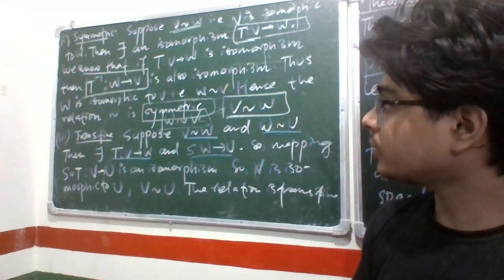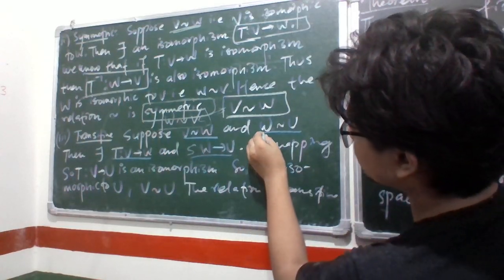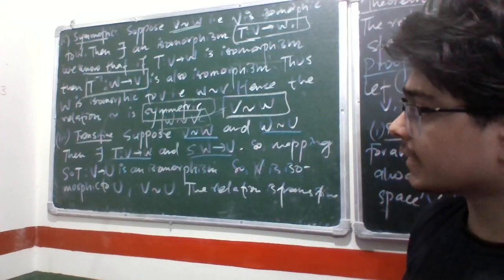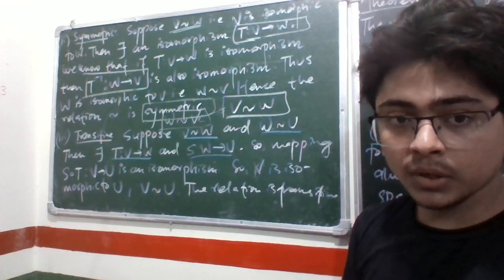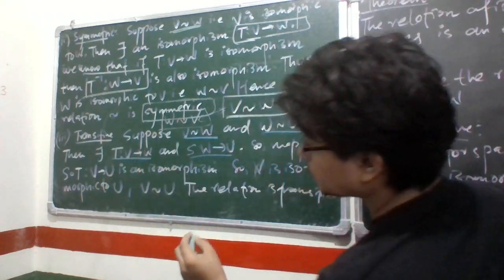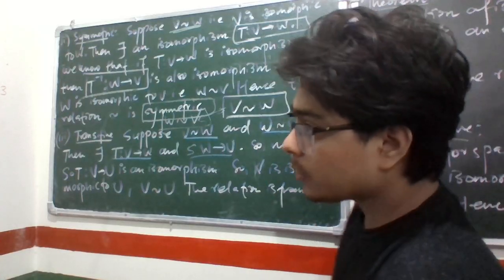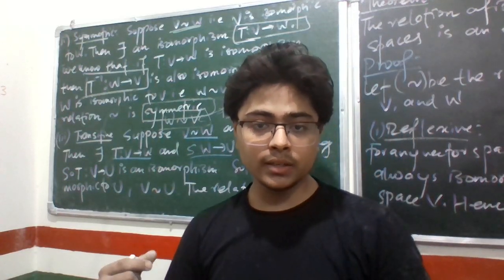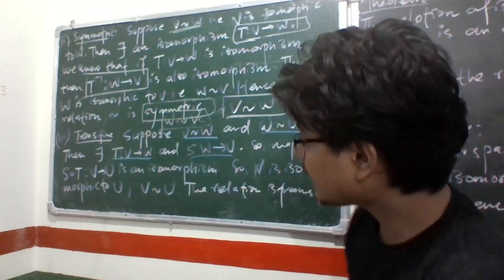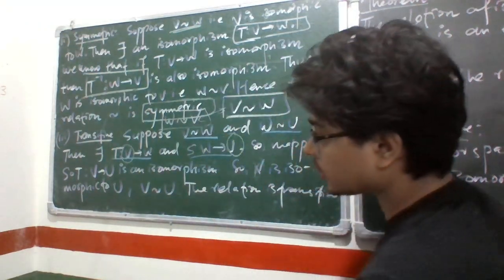To be a transitive relation, our initial guess exists as it is, and we also add another guess, which is W is also isomorphic to U. If that is the case, then there exist two linear transformations, T such that V maps to W, and S such that W maps to U. If these two mappings exist, then we can combine these two mappings into a single one, and we can say that the linear mapping from V to U must also exist.